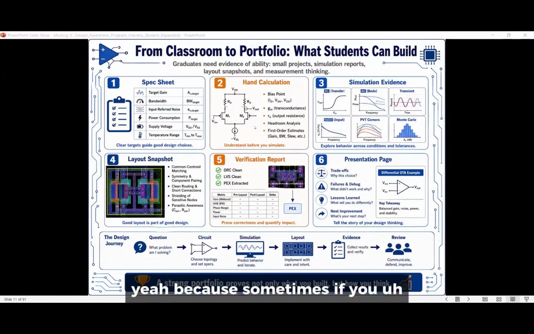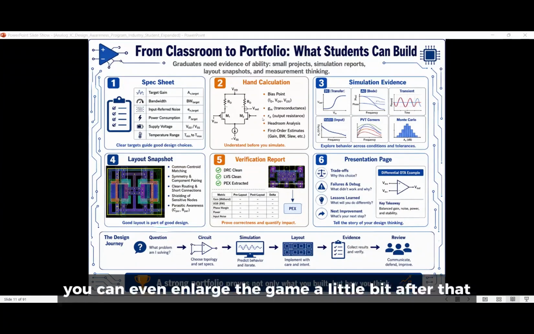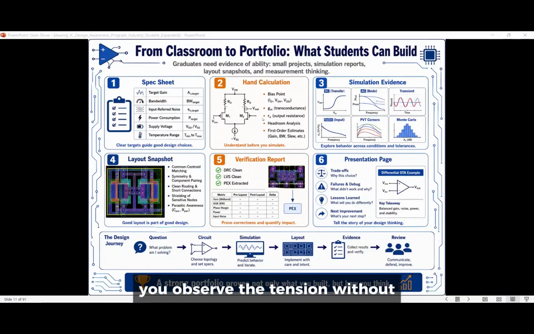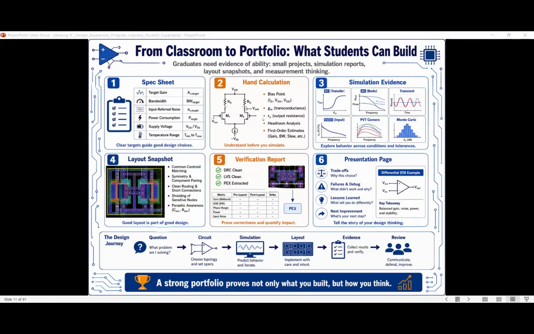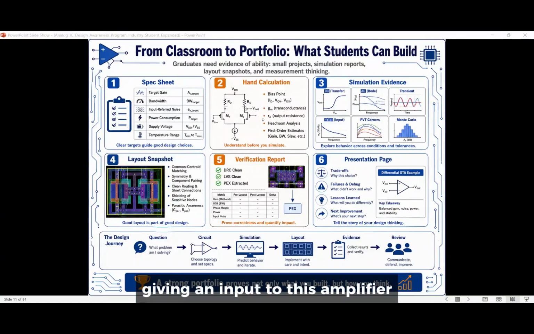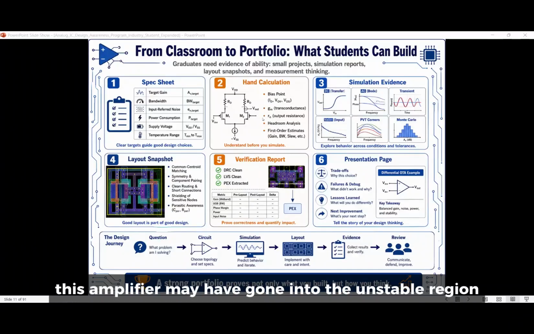Why? Because sometimes, if you worry about, for example, the phase margin of this amplifier, you can even enlarge the gain a little bit. After that, you observe the transient without giving an input to this amplifier. If under this circumstance you can still observe an output at this amplifier, this amplifier may have gone into the unstable region.